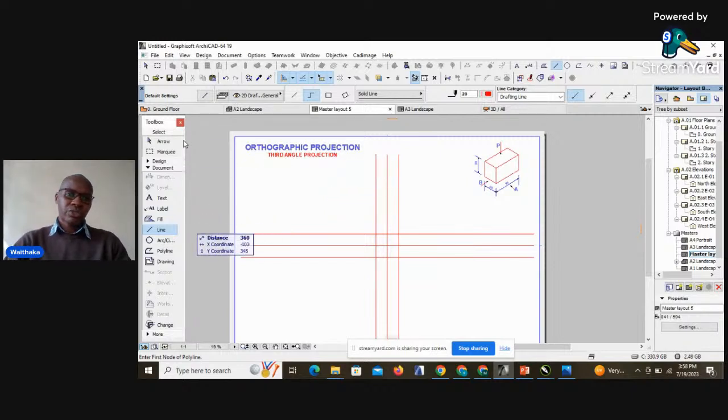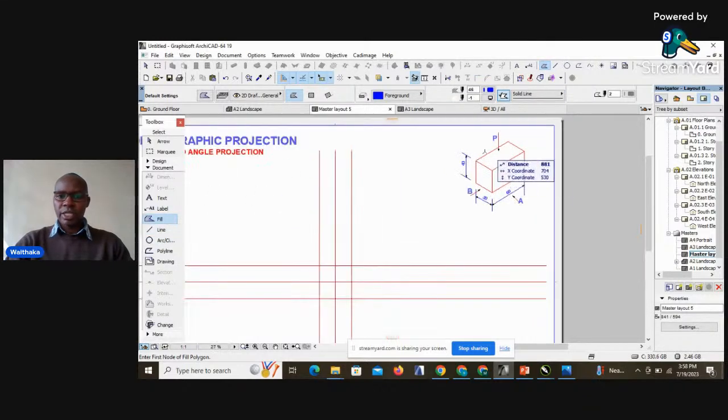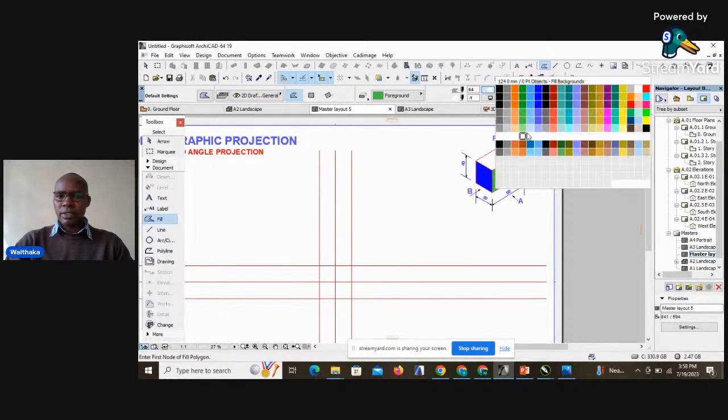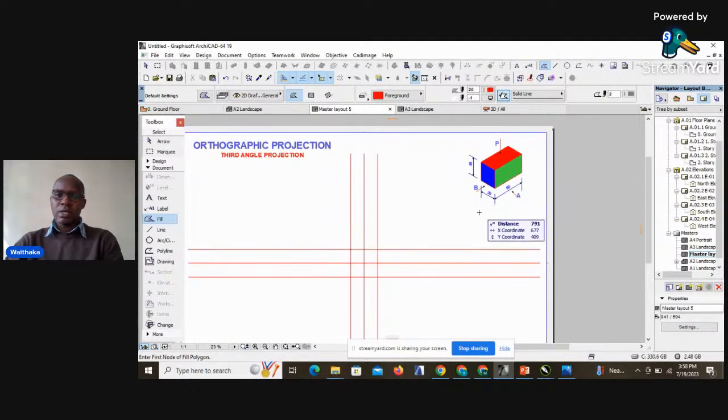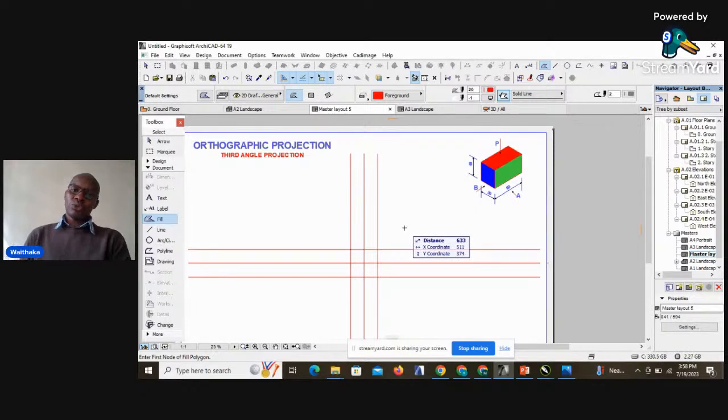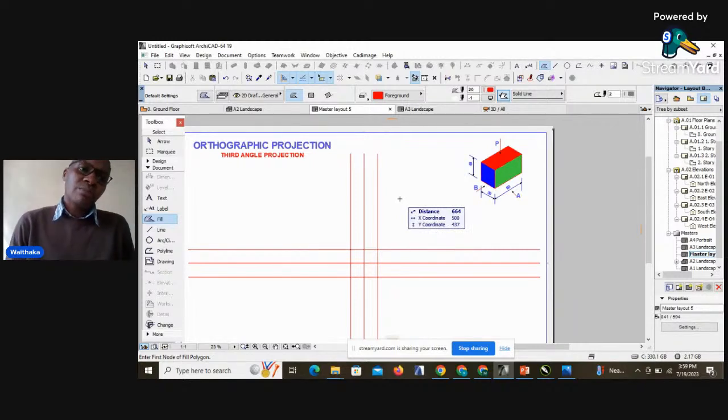So again, I'll just use the same colors that we had picked earlier on, so that we are able to relate with the same block and see what changes when we come to third angle projection.